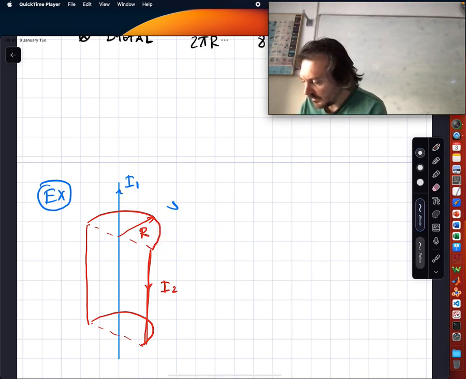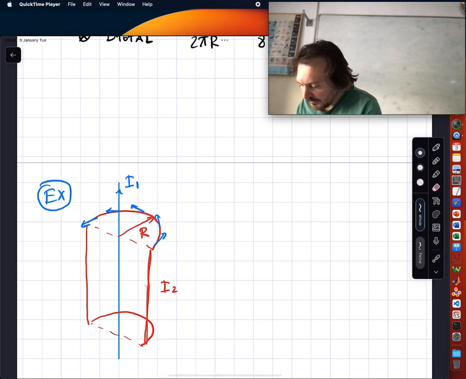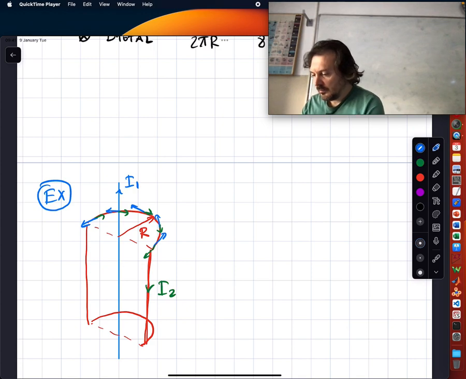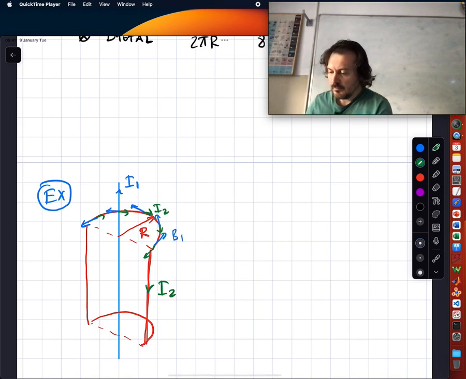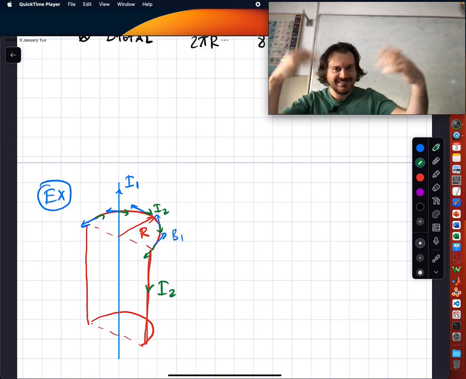The magnetic field due to the blue wire looks like this, while the current I2 is running opposite to it. Right?